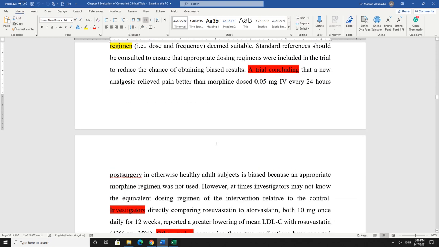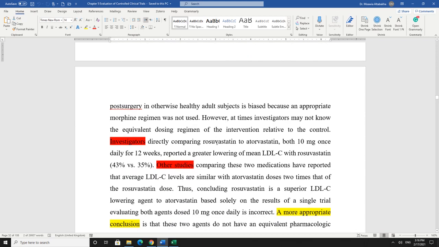Another thing which I will show you, for you to understand, when you do a comparison with an active control is, for example, rosuvastatin, which is a statin drug, was compared to atorvastatin.